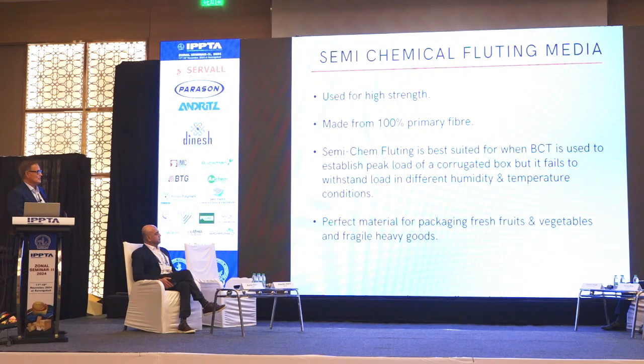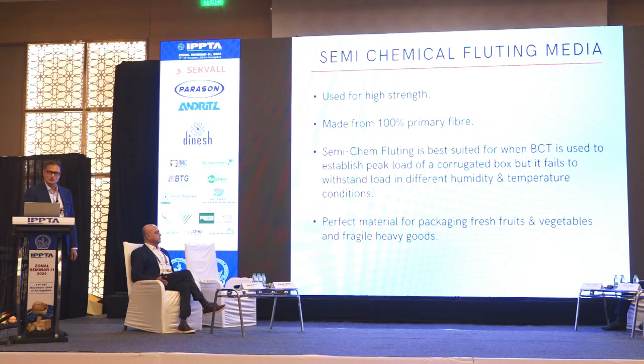But semi-chemical fluting is best suited where BCT is used to establish the peak load of a corrugated box, but it fails to withstand load in different humidity and temperature conditions. What does it mean? When the box is used for exports, where it has to travel for 30 to 60 days and temperature conditions change, say from 35 degrees to 0 degrees, or if it is used in cold storage, then semi-chemical fluting media is the best paper to use for fluting.